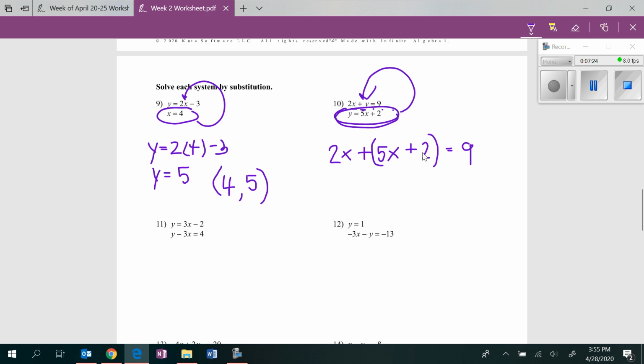I put those parentheses just for you to see that I'm substituting this whole expression for the y that was once there. I'm going to leave that up to you to solve. Just make sure to combine your like terms and use your order of operations, then solve for x, and then you can solve for y, and you'd be done.